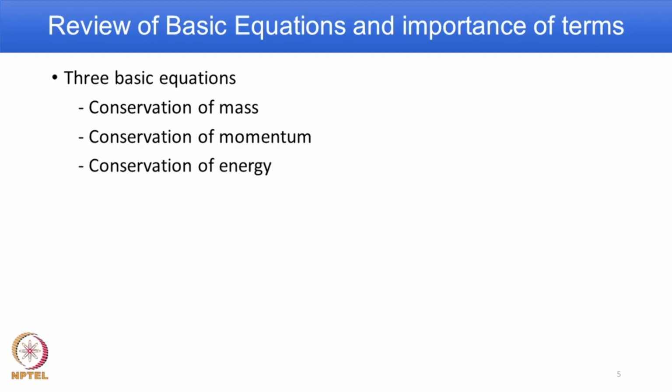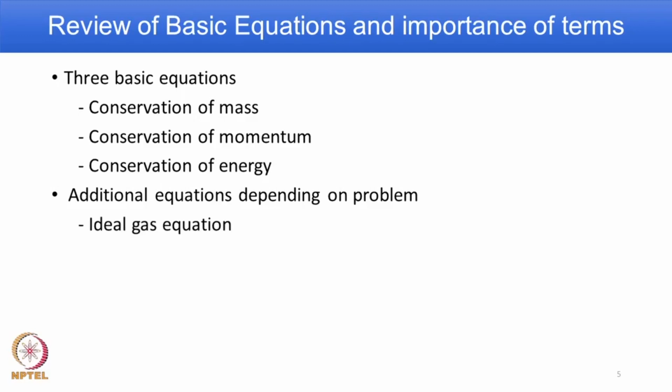Primarily, conservation of mass and conservation of momentum are necessary for any fluid mechanics problem, and conservation of energy is used whenever you are interested in compressible flows or heat transfer problems. These are only primary equations. You also need additional equations depending on the problem.